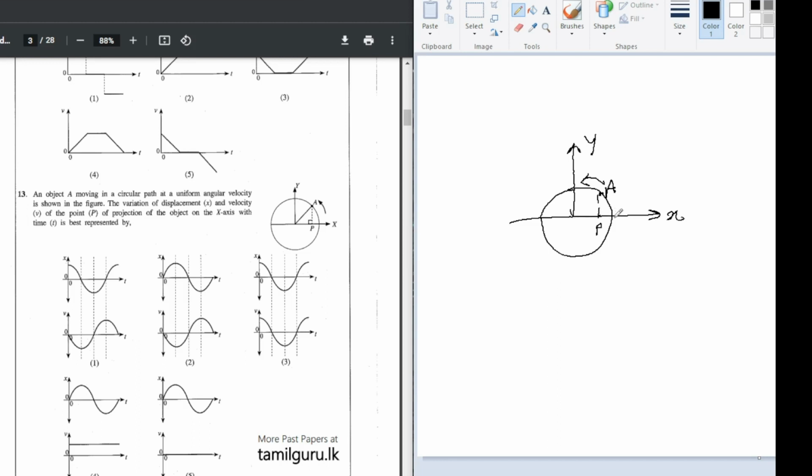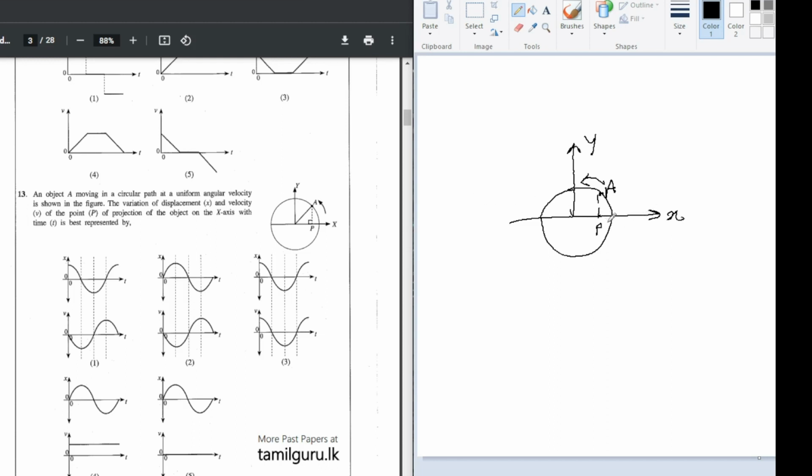having its maximum displacement. Now when you compare the answers given, graphs 1 and 3 are showing maximum displacement when time is 0. Graphs 1 and 3 are according to that condition. Now definitely we can decide the answer is either 1 or 3.